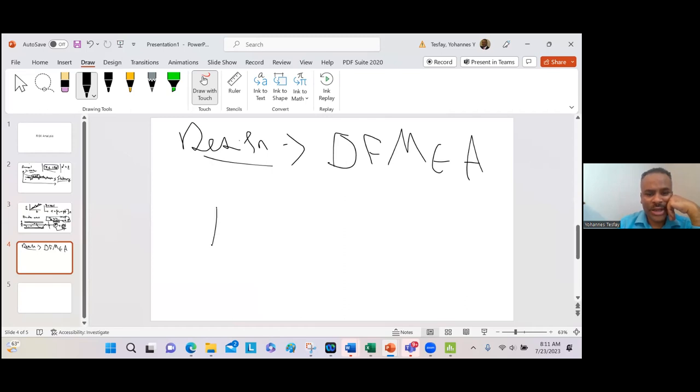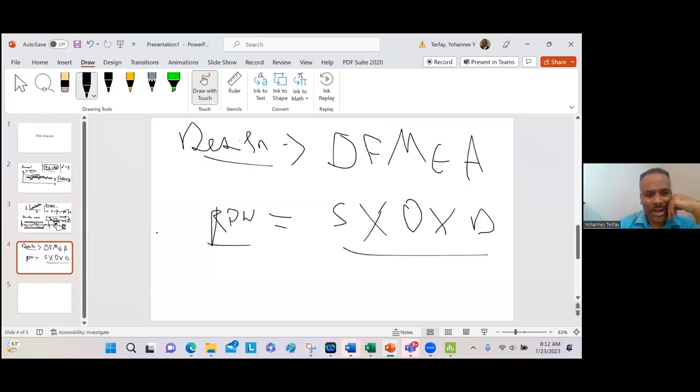So here RPN is going to be calculated by severity times occurrence times detection. Okay. So the more RPN, if RPN is higher, then the more risky it is. If RPN is lower, not risky. So design the FMEA, we have already just discussed about that stuff.